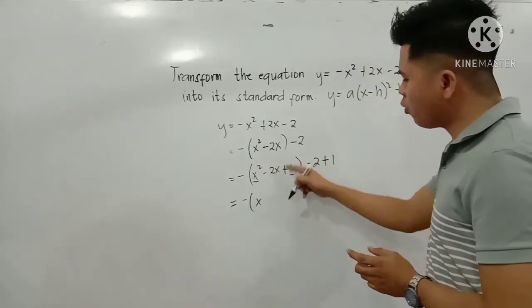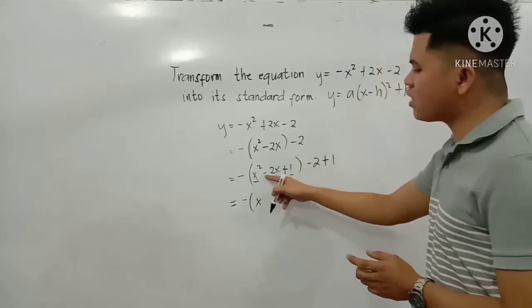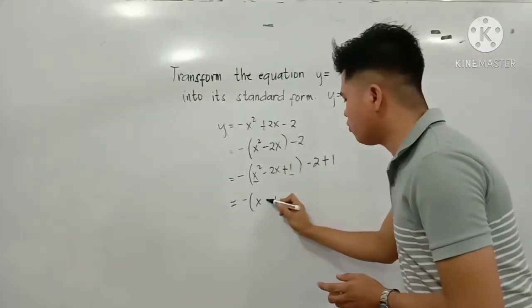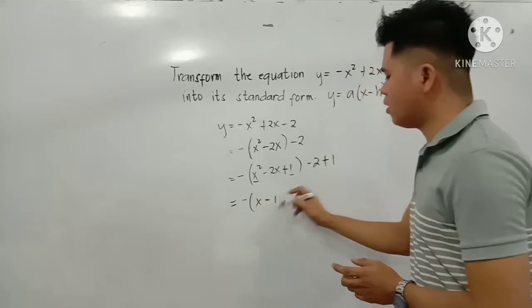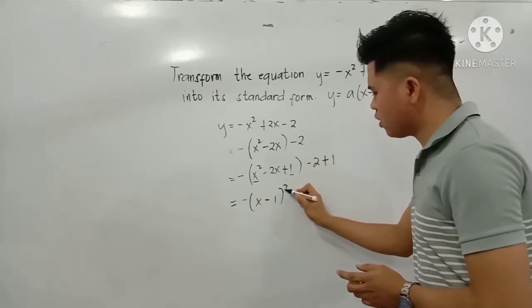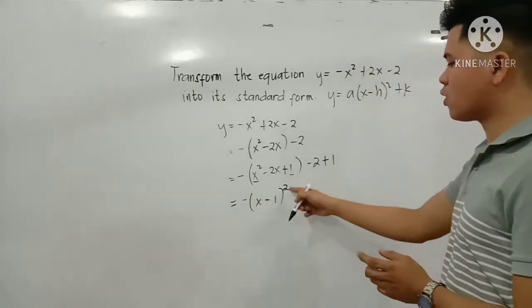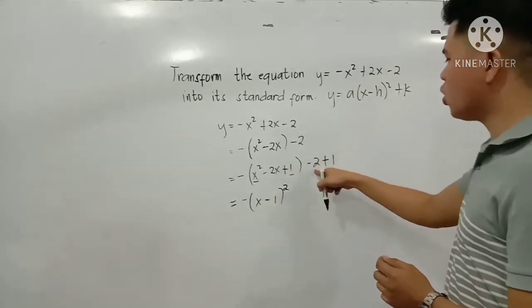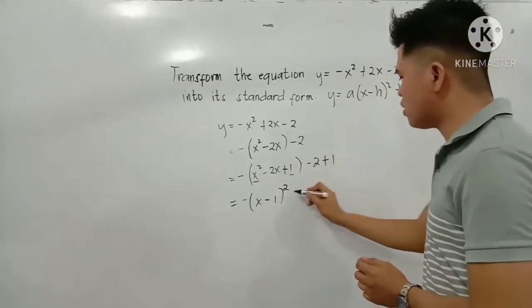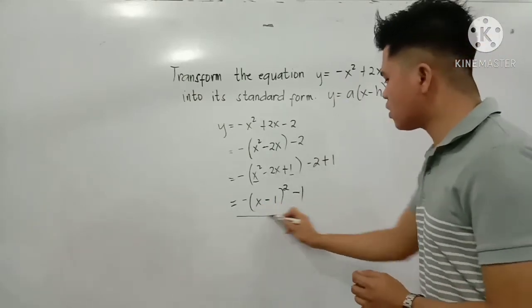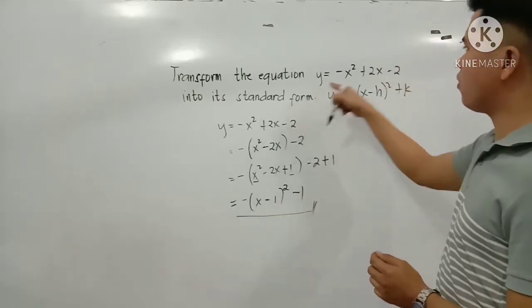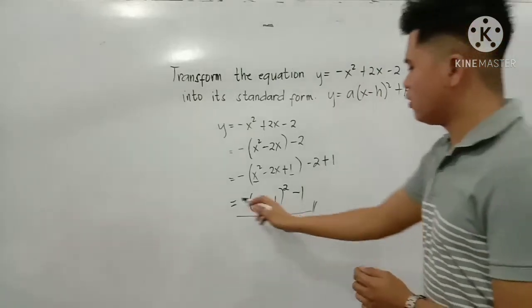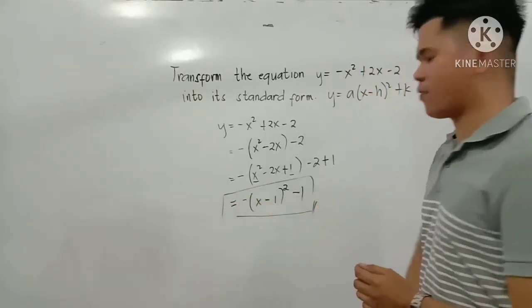Then the square root of 1 is simply 1. And the sign of our middle term is the sign of our binomial. So just write here the square, since we are squaring this binomial. Then, negative 2 plus 1 is simply negative 1. And this is the standard form of this given equation.